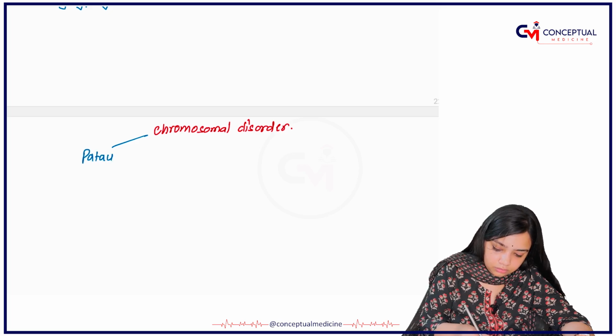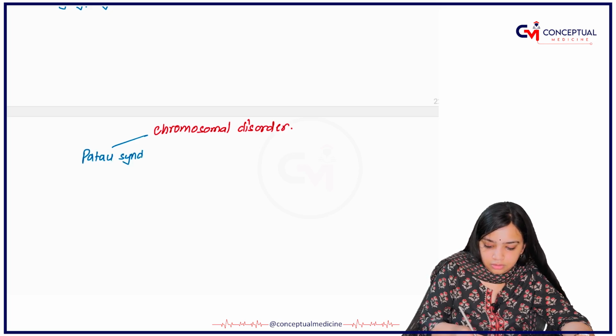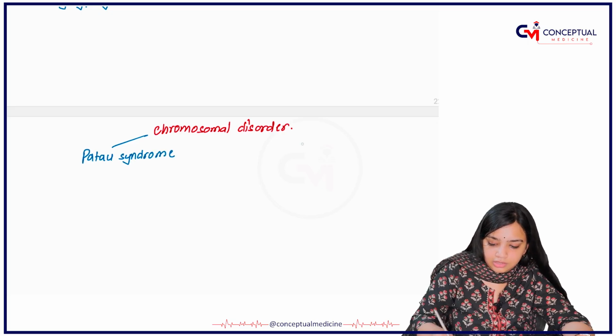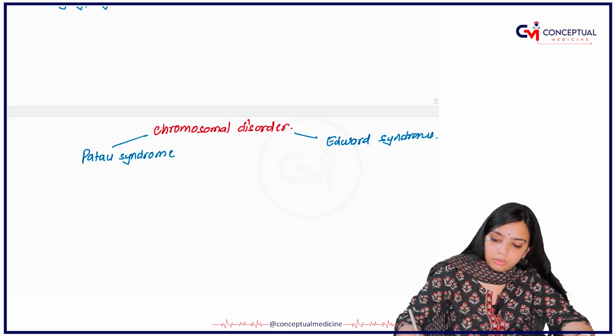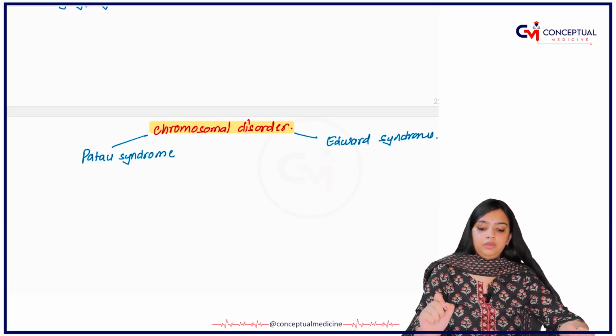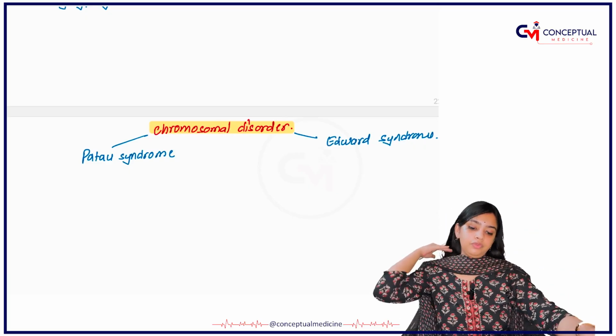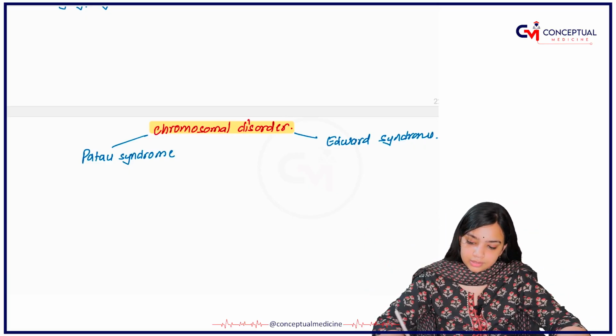Patau syndrome. Next you have the Edward syndrome. Okay, Patau syndrome and Edward syndrome are the two types of chromosomal disorder that you need to understand.